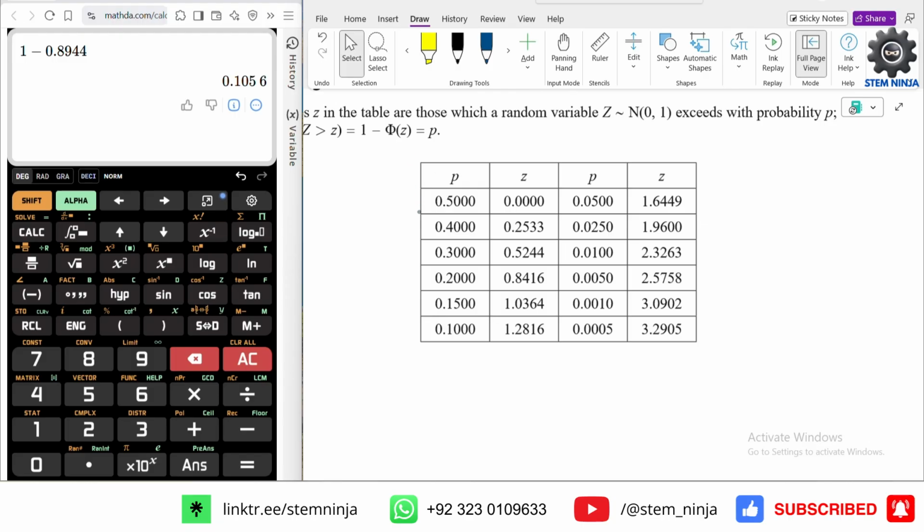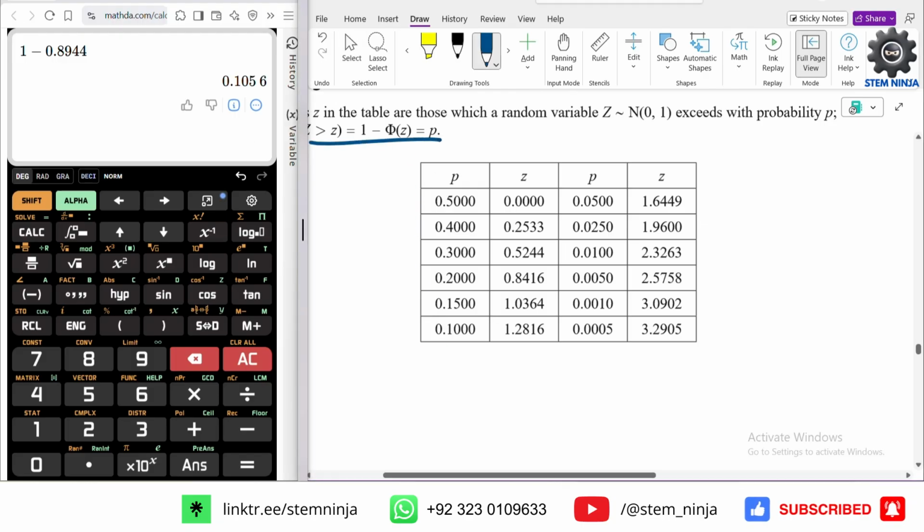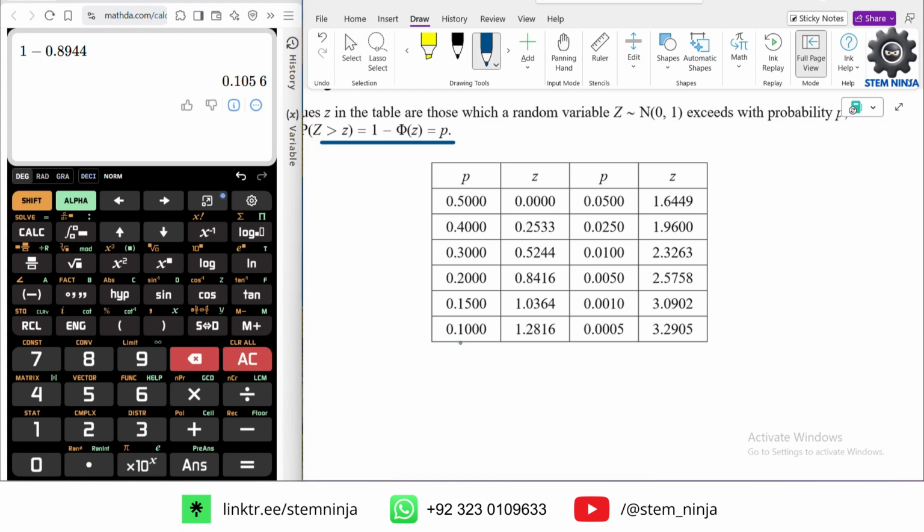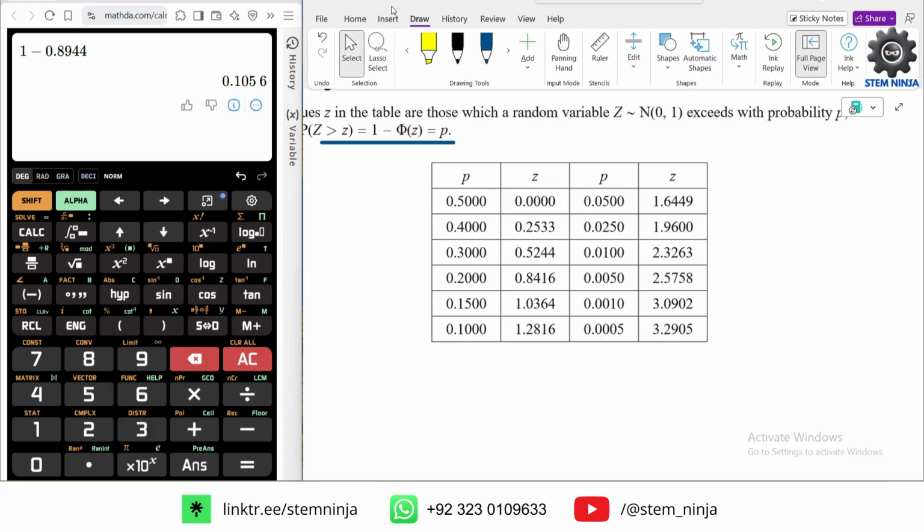Actually, you can see this in this particular table also. So we need a value greater than z. So we need probability 0.9. So as you can see, this is going to give us the same value because for 0.9 and 0.1, the area greater than that would be identical.